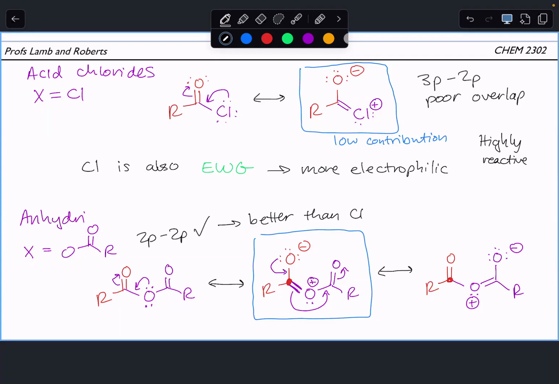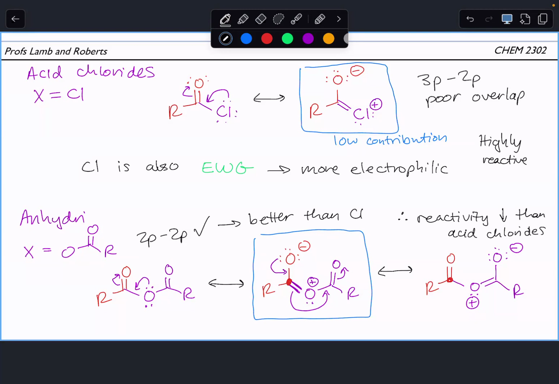So that means that our boxed resonance structure has a higher contribution. So it's a stronger bond, therefore our reactivity is lower than acid chlorides. Right? So a higher contribution of the boxed resonance structure means lower reactivity.